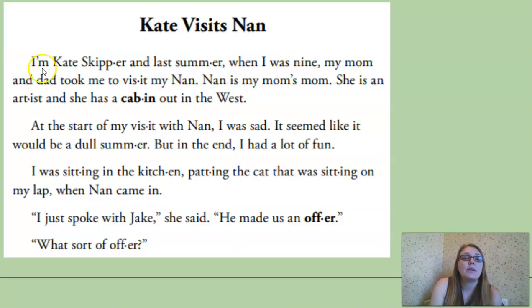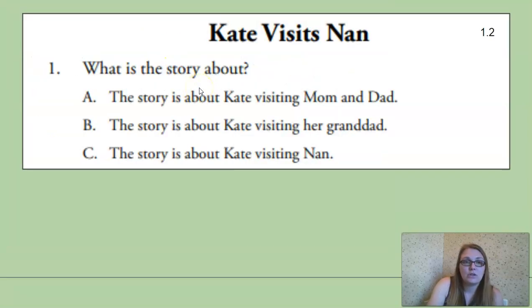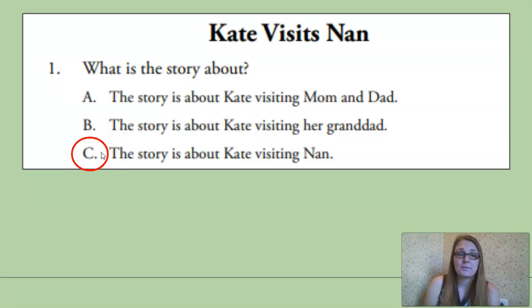But also, it says right here, my mom and dad took me to visit my Nan. So, she's not visiting her mom and dad, so it's not A. It doesn't talk about her granddad at all. But C, the story is about Kate visiting Nan. So let's choose option C. That is the correct answer.